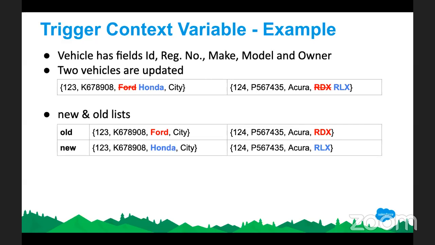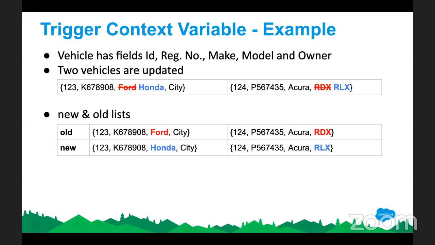For example, in my example, this 123 is the first one in the list and 124 is the second one in the list. This old and new are automatically generated by Salesforce. They will keep that same order. So in the 0th position, it will be 123 and in the first position, it will be 124. So this is a list.